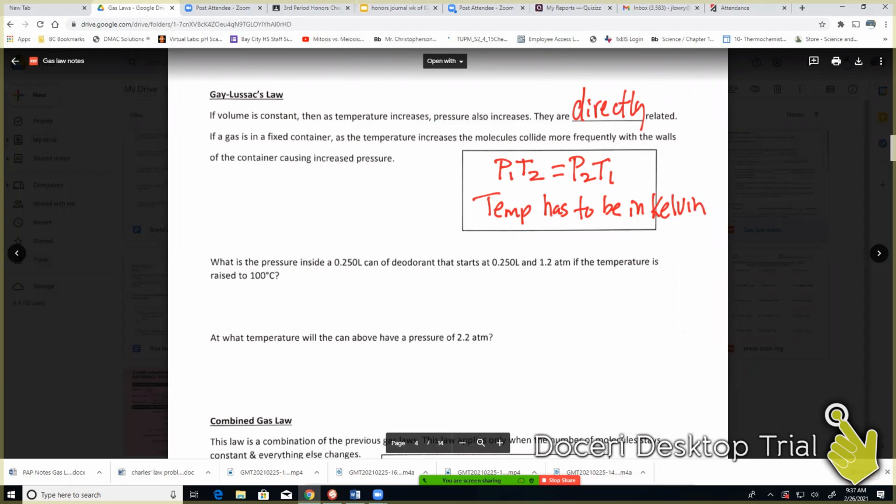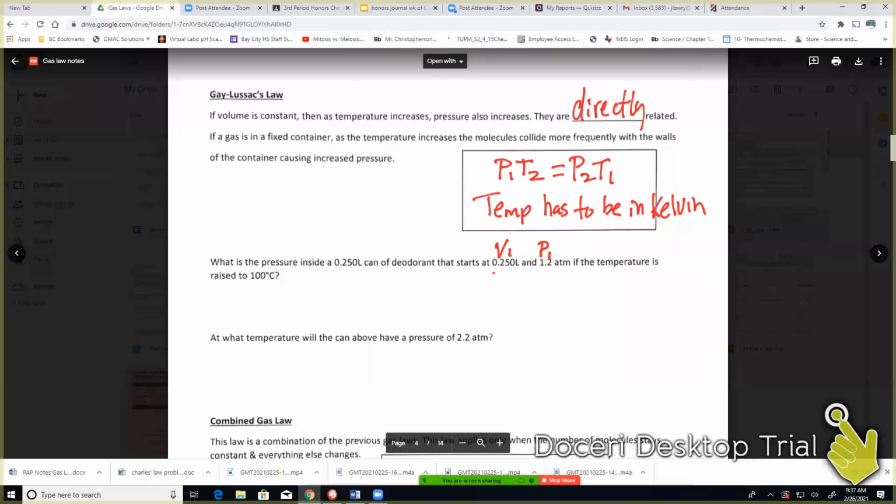So this one says, what is the pressure inside a 0.250 liter can of deodorant that starts at 2.5 liters and 1.2 atmospheres? So that's my V1 and my P1. If the temperature is raised to 100 degrees Celsius.